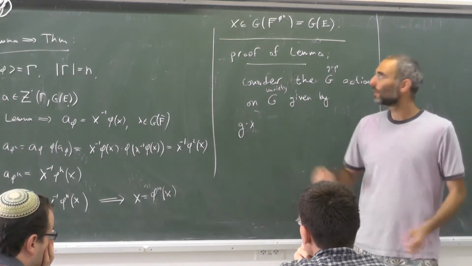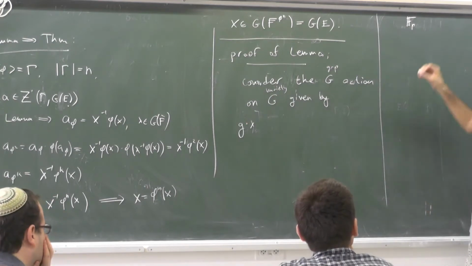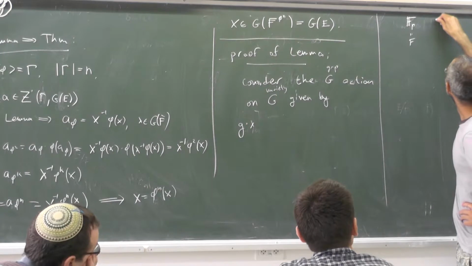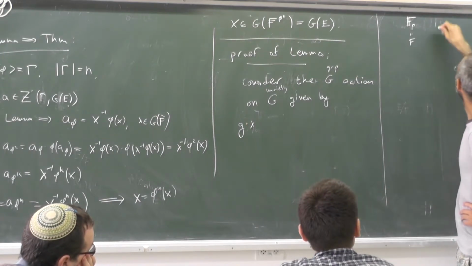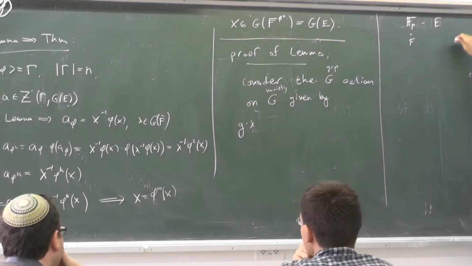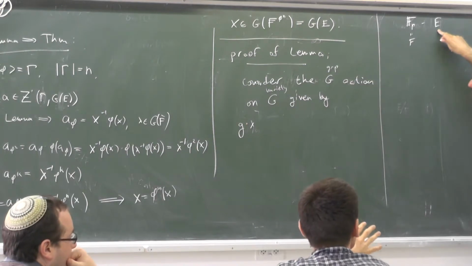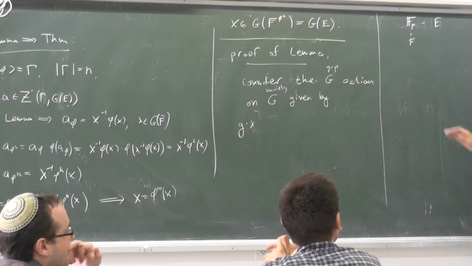Say F is F sub p sub q, and you have E over here. Let me say it anyway.